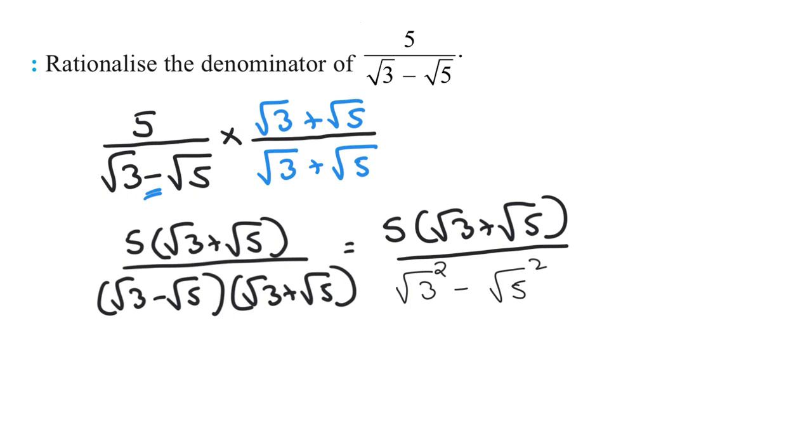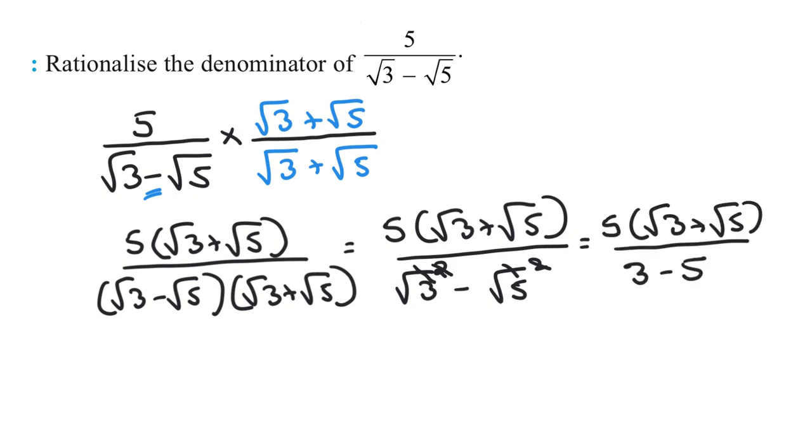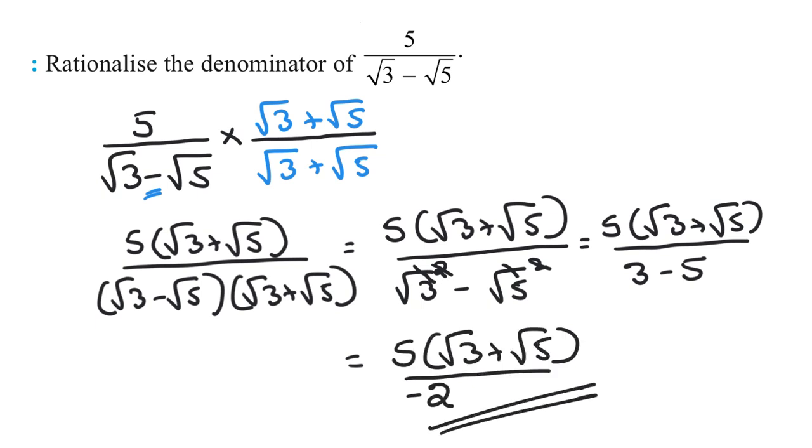So the numerator now, let's not open the brackets, 5 times root 3 plus root 5 over root and square cancels, so we are left with 3 minus 5. So the next step, 5 times root 3 plus root 5 over 3 minus 5, negative 2. So that's our answer.